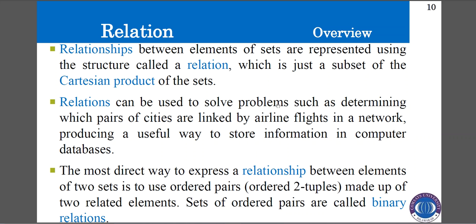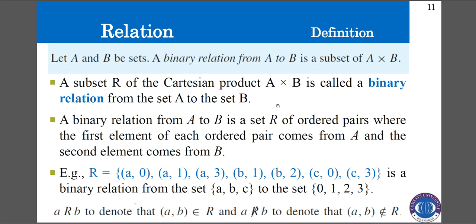The most direct way to express a relationship between elements of two sets is to use ordered pairs, ordered n-tuples made of the two related elements. A set of ordered pairs is also called a binary relation. Definition of binary relation: let A and B be sets.